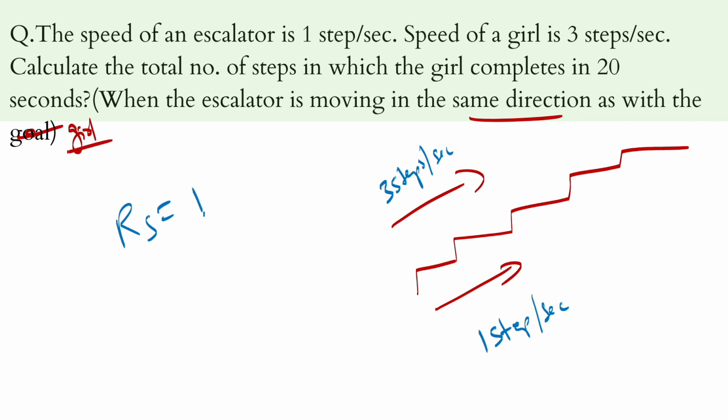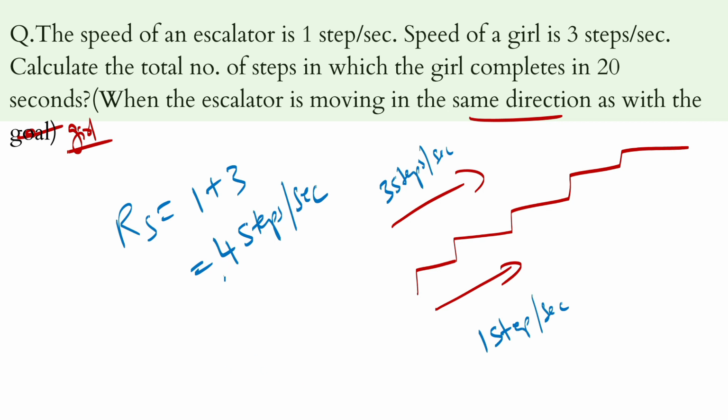We must add. So 1 plus 3 is equal to 4 steps per second. So when the escalator and the girl do the work together, the distance traveled by both of them in 1 second is 4 steps. That is the relative speed of both of them, right? So 4 steps per second is the relative speed. But the question is, calculate the number of steps the girl completes in 20 seconds.